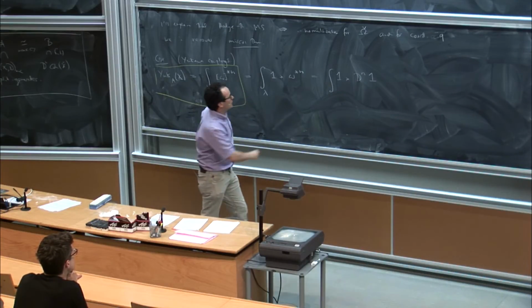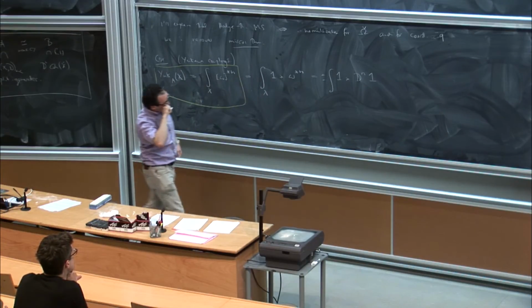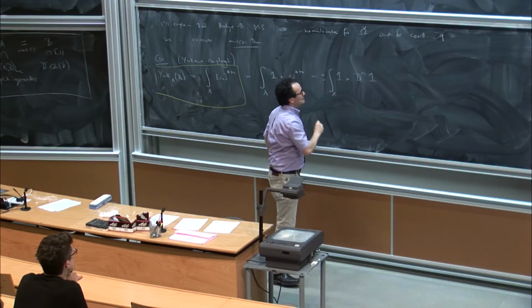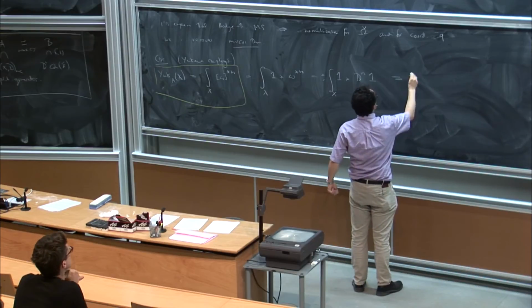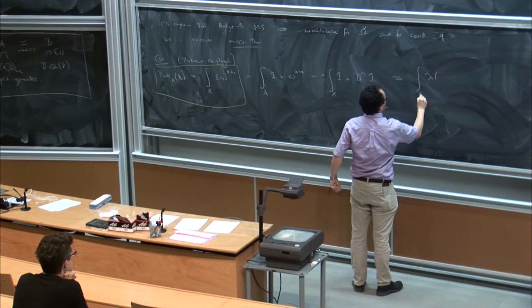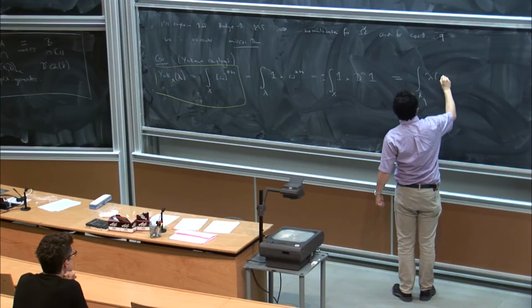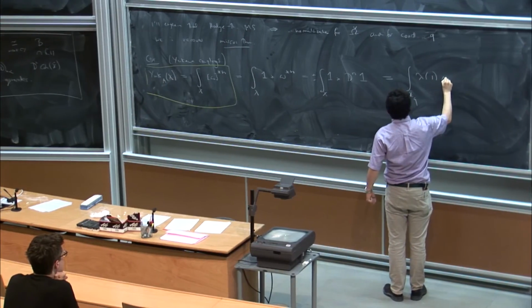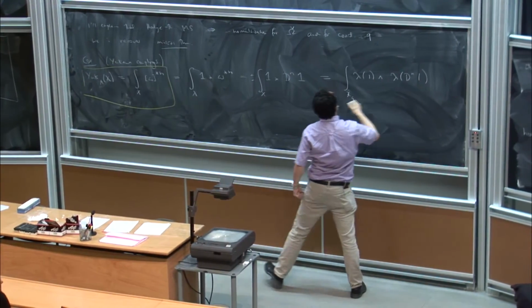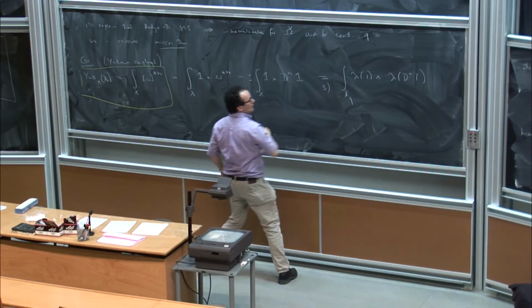I do that n times, there's a sign here. But now that's the same thing as the integral on the other side of lambda of 1 wedge lambda of d to the n 1, by property, I think that was 3.